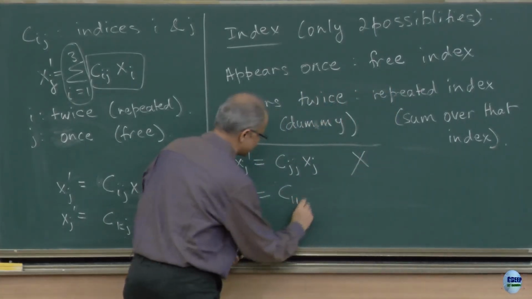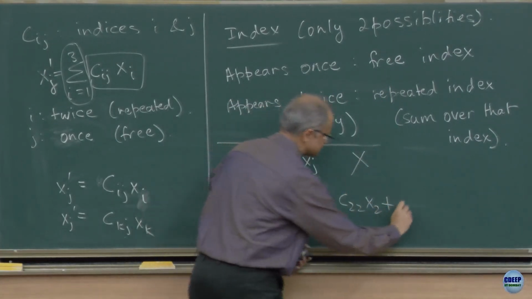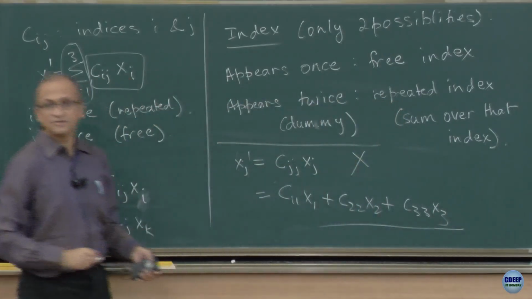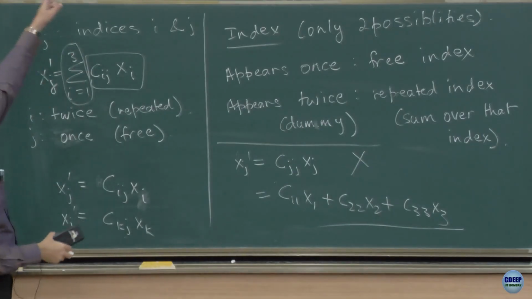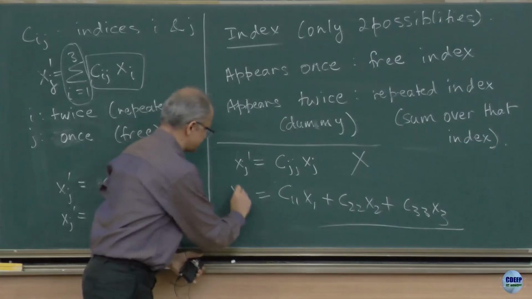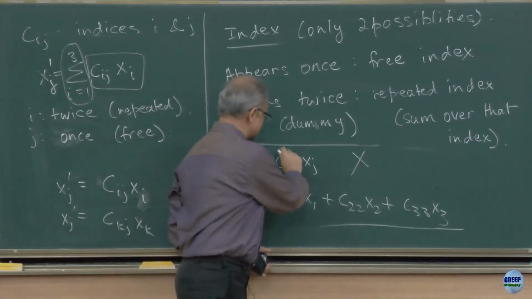This is c11 x1, maybe c22 x2 plus c33 x3, and this is not what we were meaning. All this is incorrect. We have already written the correct form here. So this is garbage.